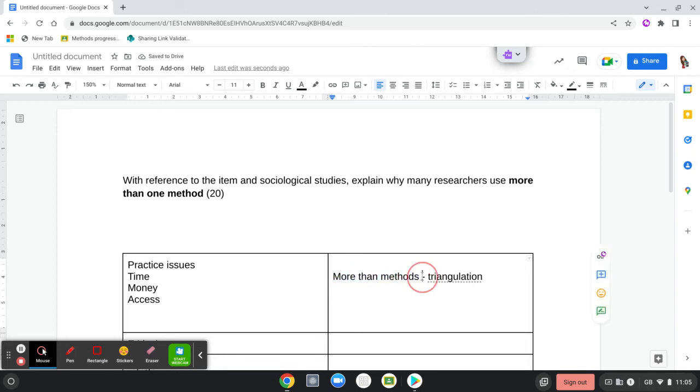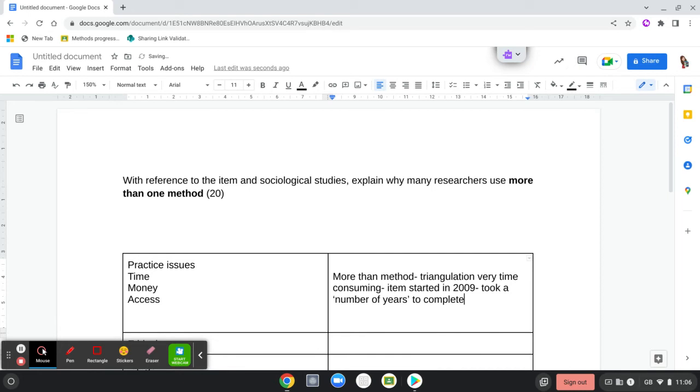The use of more than one method or triangulation can be very time consuming. We can see in the item, I know you haven't got it there, but in the item it said it started in 2009, and it took a number of years to complete.